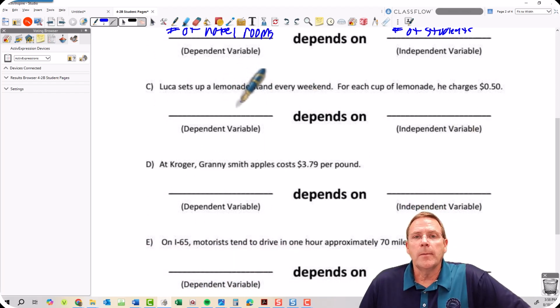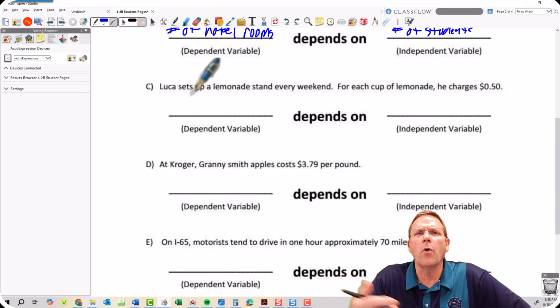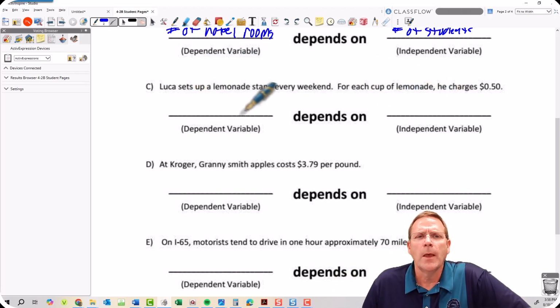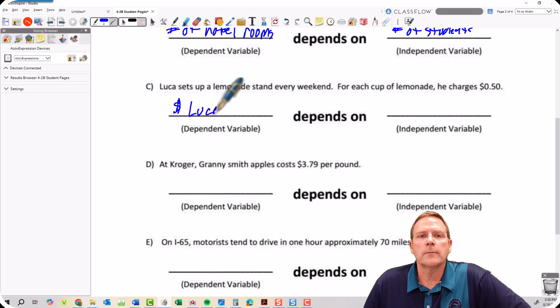Lucas sets up a lemonade stand every weekend. Each cup of lemonade he charges 50 cents. So we've got to figure out the dependent variable and the independent variable. So the dependent, what is the goal here? What are we trying to find out? Well, I think what we're trying to find out is the money Lucas makes. Okay.